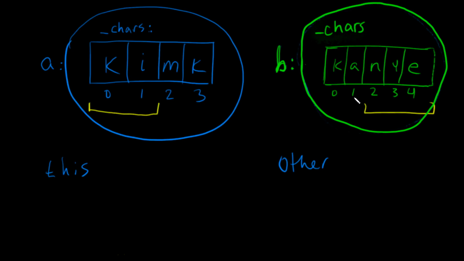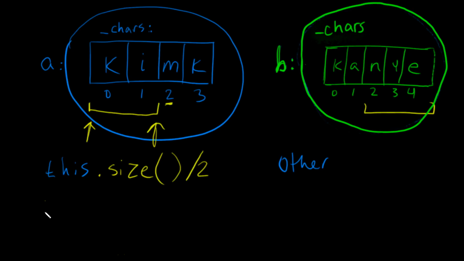The first thing that we need to figure out is where do we stop? What are our indices here? So we know that on the first name, we're going to start from 0 and we're going to end at this dot size, which tells us how big the array is, divided by 2. Because size is going to be 4, we're going to stop at 2 when we use the substring method.